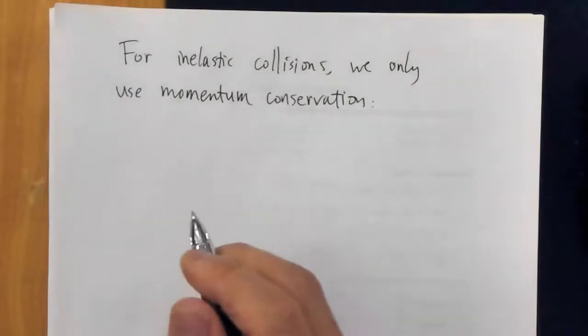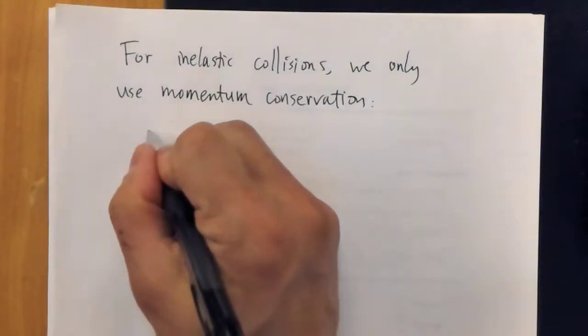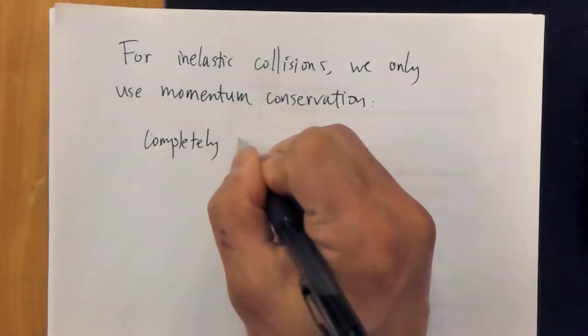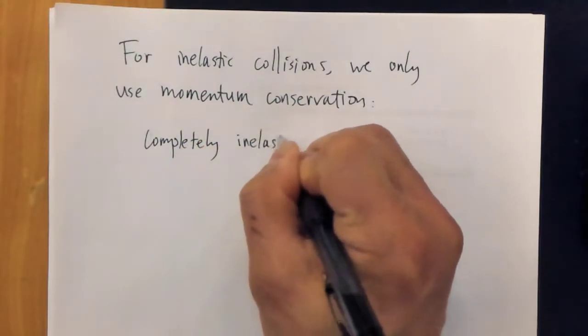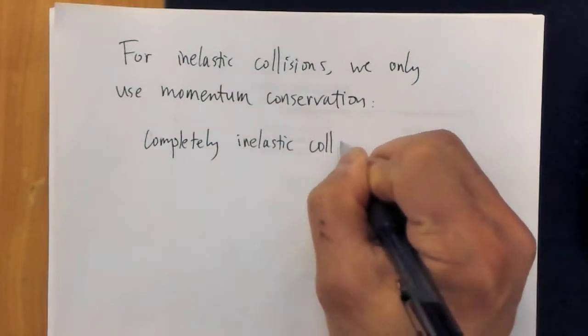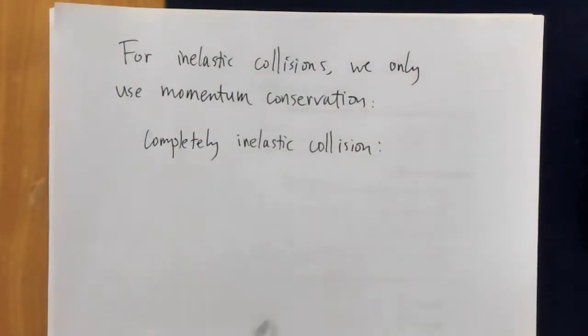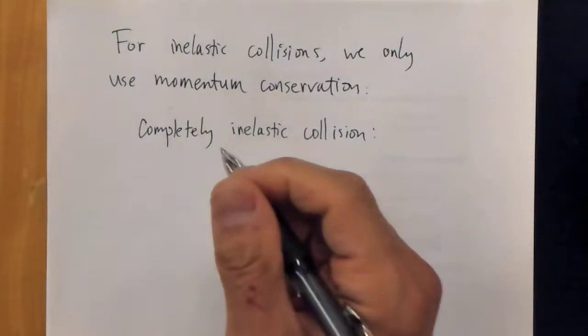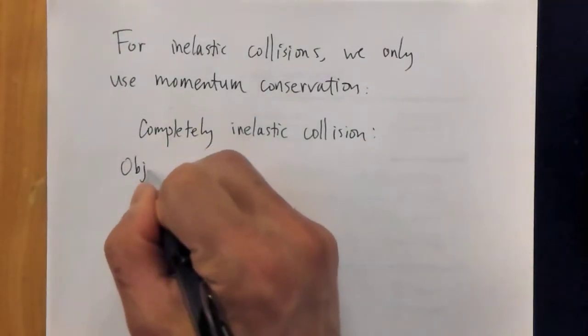So for example, you remember we had this completely inelastic collision when they actually stick together. This is a typical example. And the reason this is a popular example to do is because it's actually one we can solve. There's only one unknown.